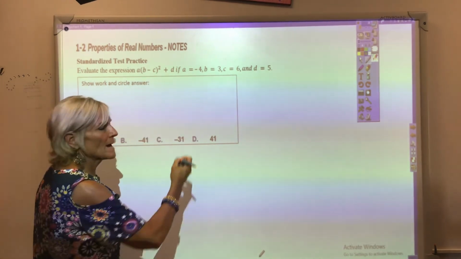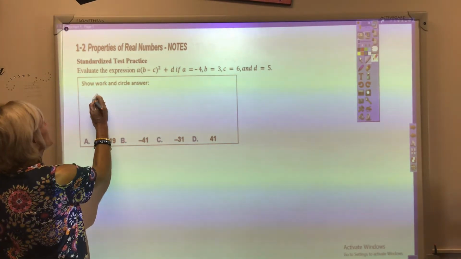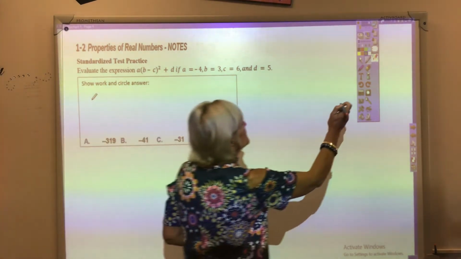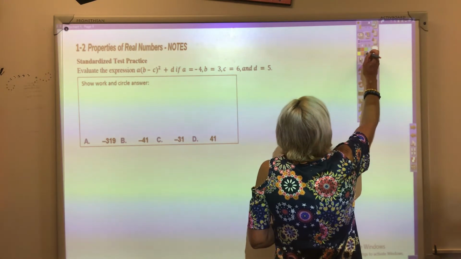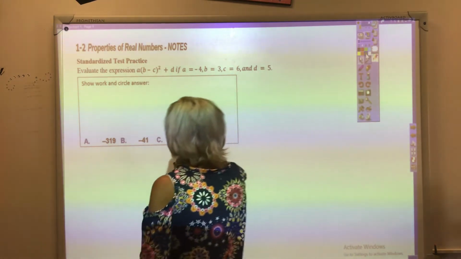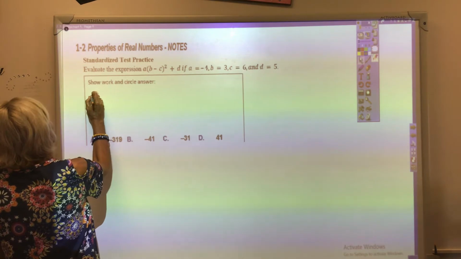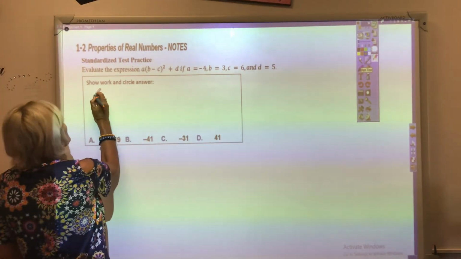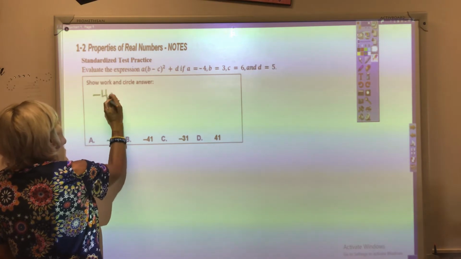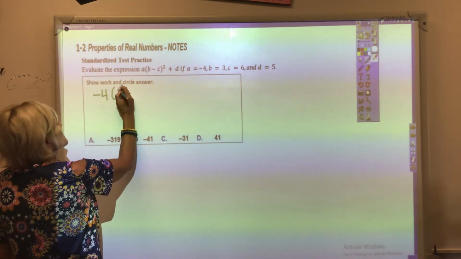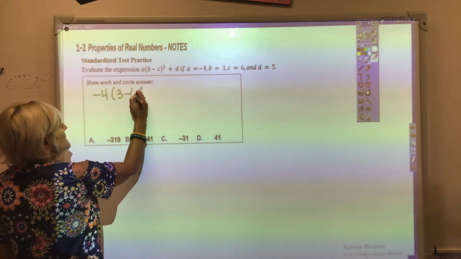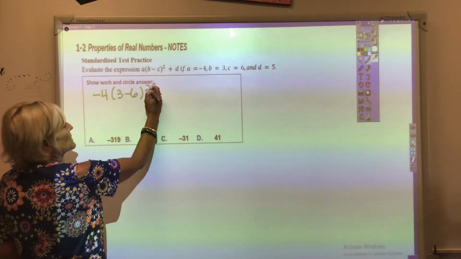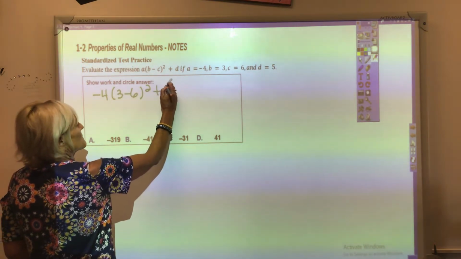So I will have negative 4, parenthesis, 3 minus 6 squared plus 5.